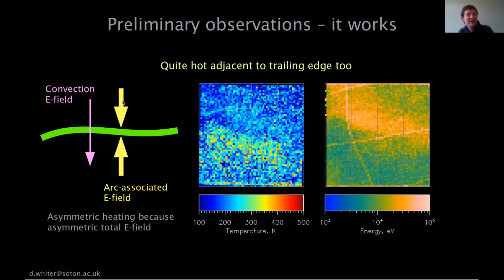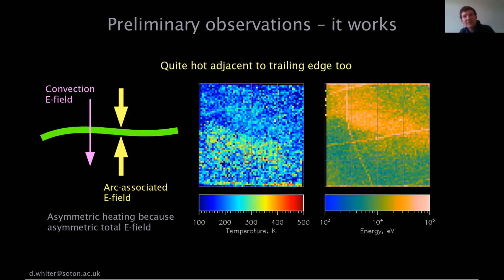And on one side of the arc, those convection electric field and arc associated electric field will add up and produce a stronger total electric field. And on the other side of the arc, they don't cancel completely, but they will slightly cancel, which means you get a reduced electric field. It's still intense, but not as strong as on the other side.